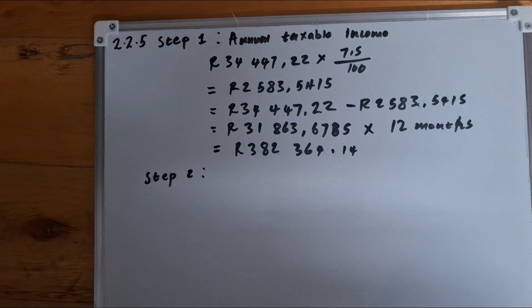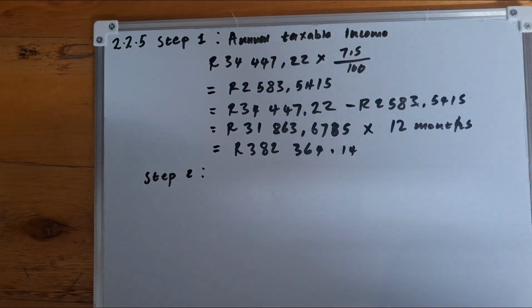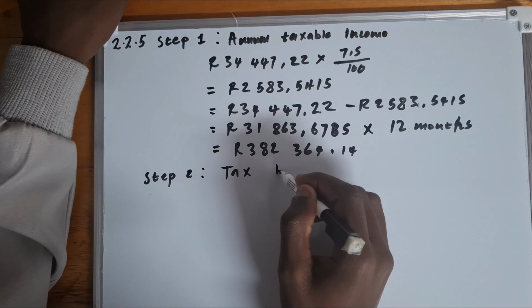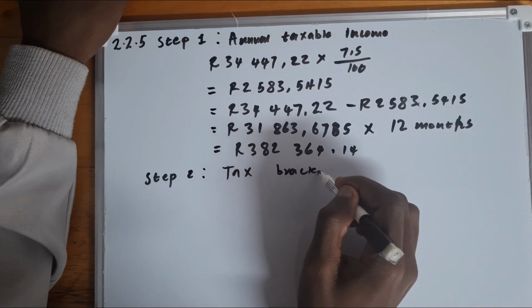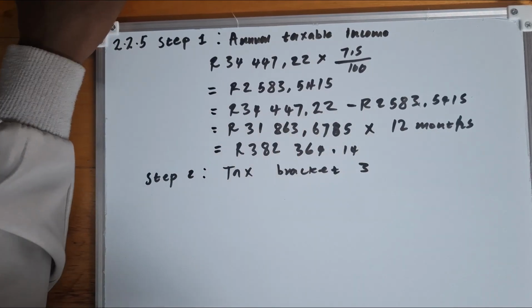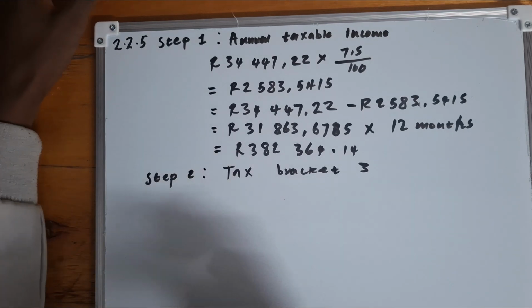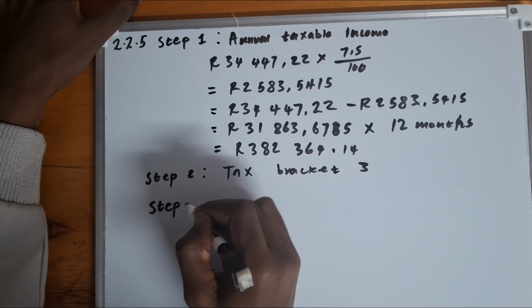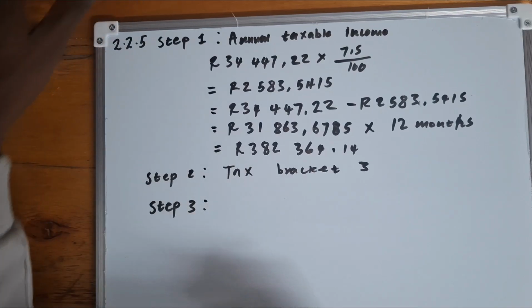And according to our tax bracket, we can conclude that our amount falls under tax bracket 3. So you can just say tax bracket 3. Simple as that.